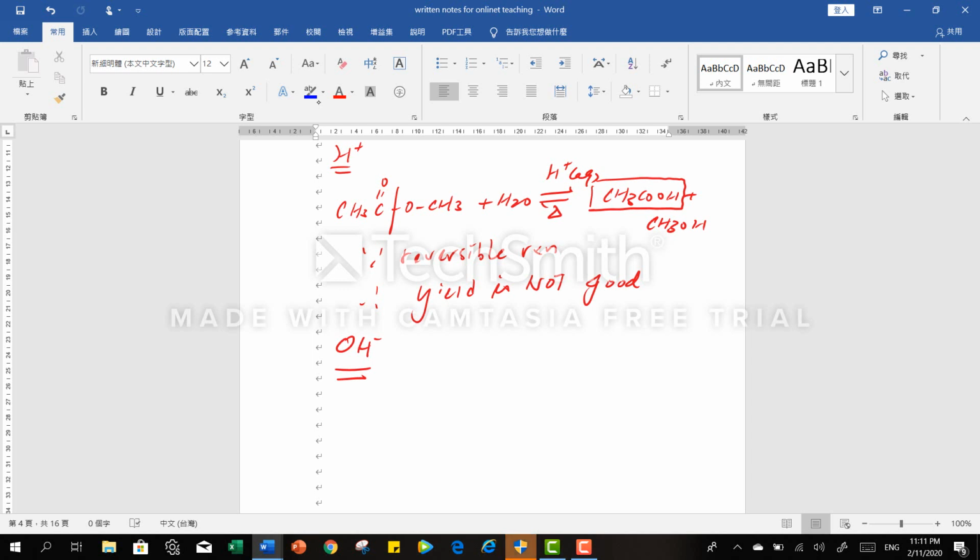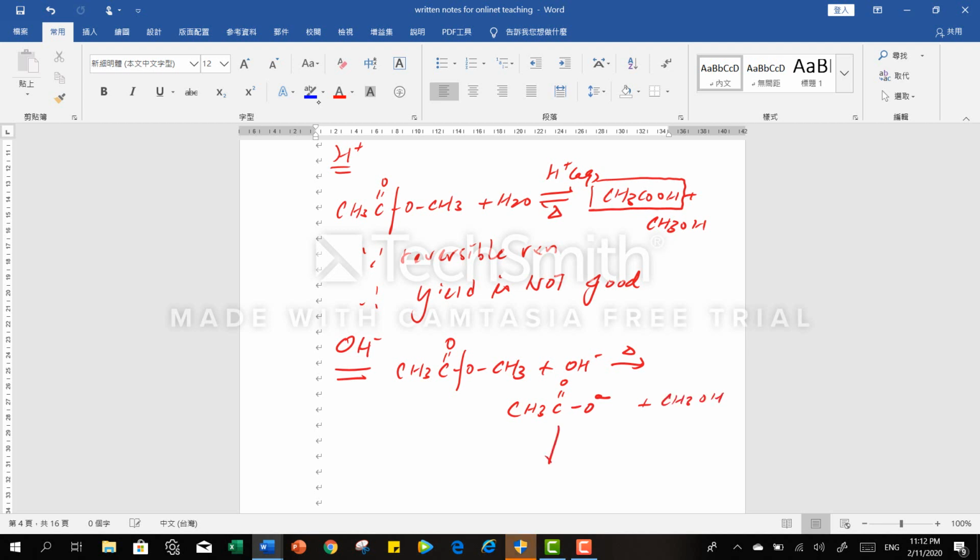But it doesn't really matter because at the end of it, you can acidify the carboxylate ion to acid again. Okay, so for example, I use the same ester. Then in alkaline medium, I heat it. This bond is broken, then you will get this one, the carboxylate ion, negative, together with the alcohol.